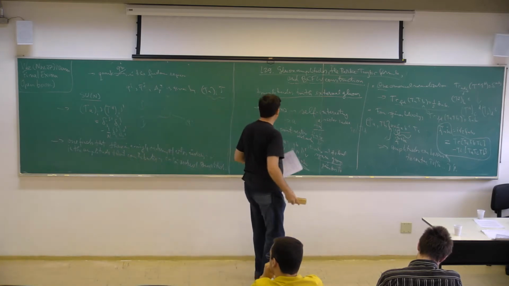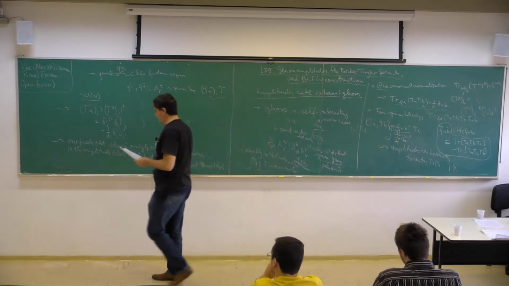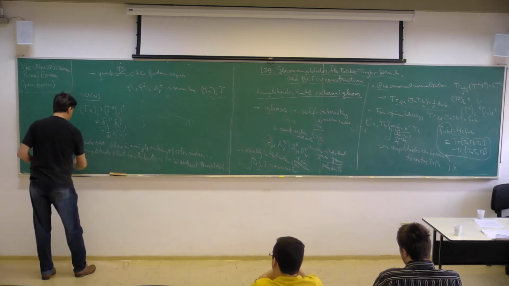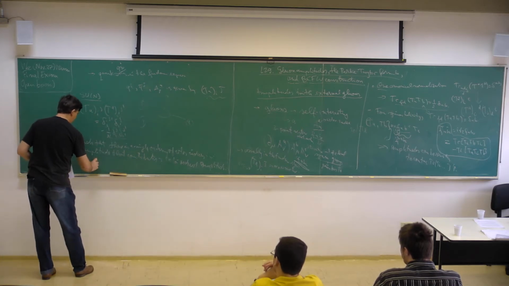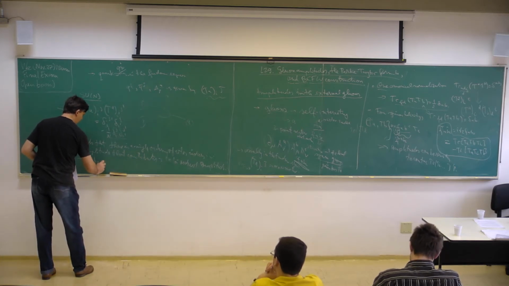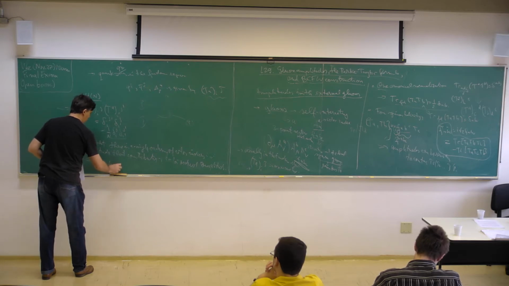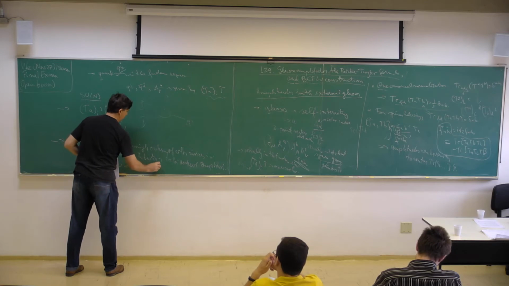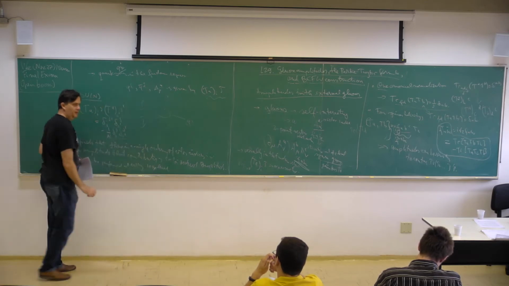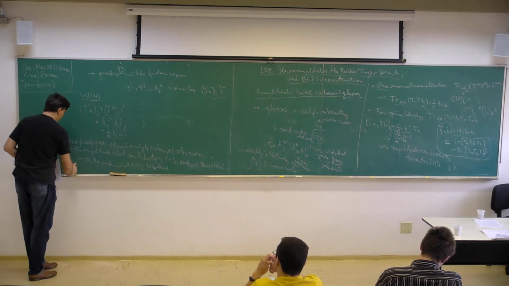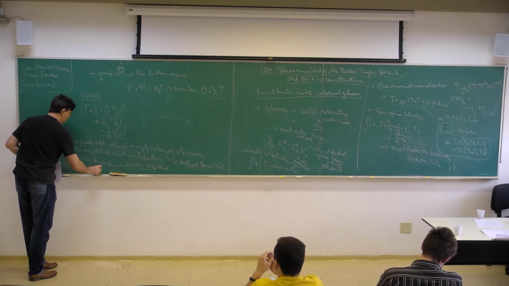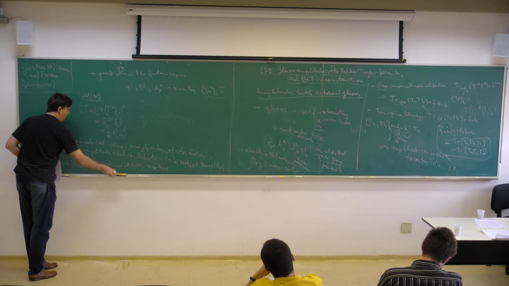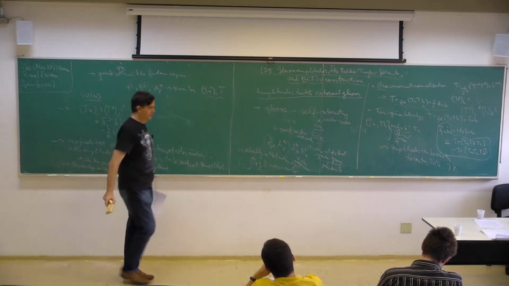So, this color decomposition can be performed at every loop level. However, the formula depends on the loop. So, there's no really simple way of writing a general form.